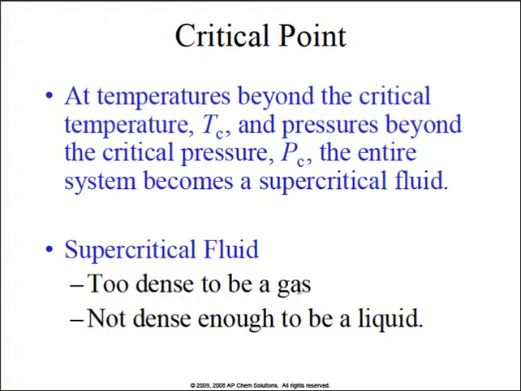It's too dense to be a gas, which means it's not a gas, and it's not dense enough to be a liquid, which means it's not a liquid. So at this phase, we don't know what we have. We're not going to go so deep into this, because it's a really hard concept to understand.